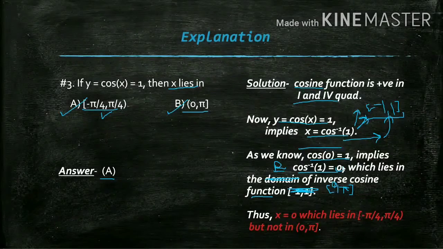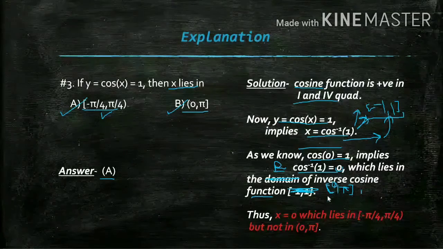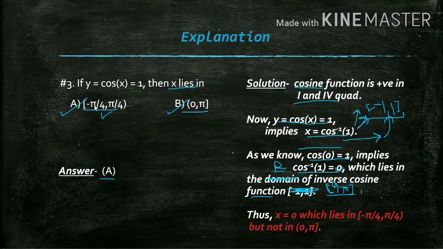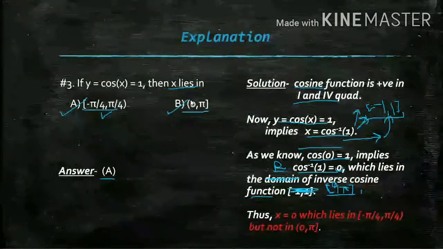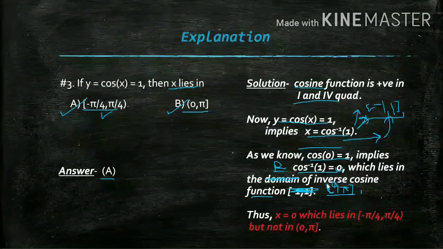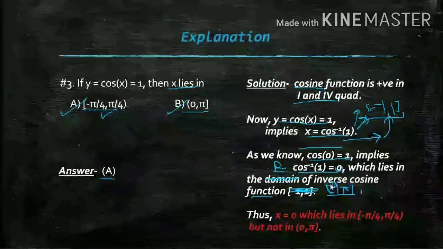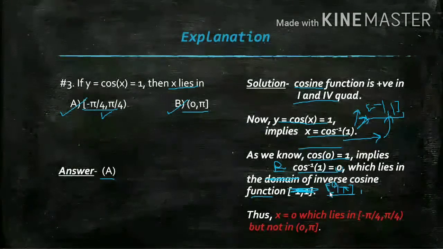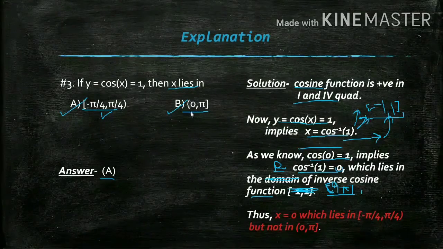Which is this, because this 0 is included. This is a closed interval. So you know that now the value is 0, and you know it lies in this. But this is not the option given to you, and you need not correct this second one because of 0 comma pi and 0 comma pi. Just look at this. Here the interval is closed, that means 0 is included, but here it is open, that means 0 is not there in this interval.